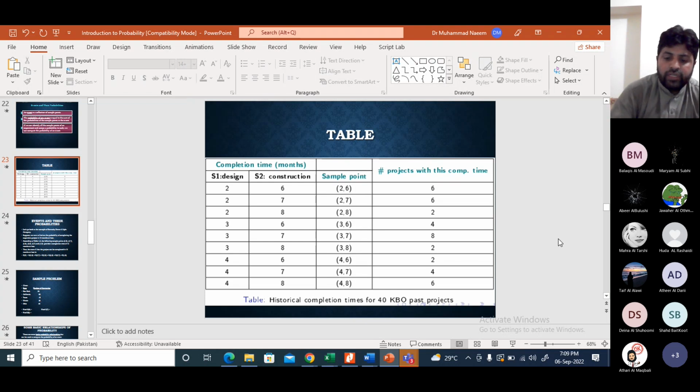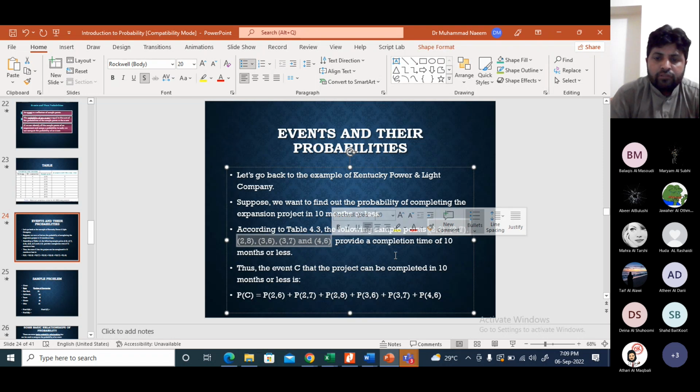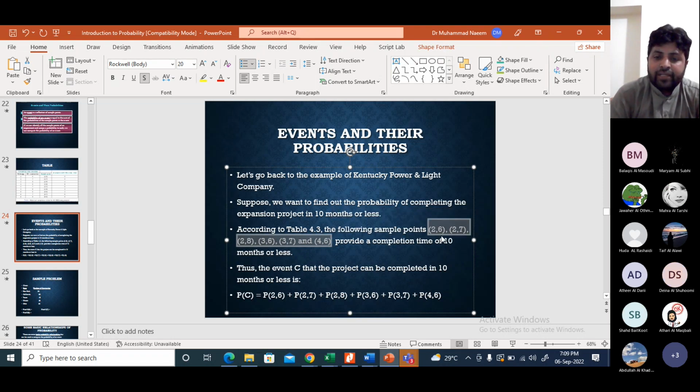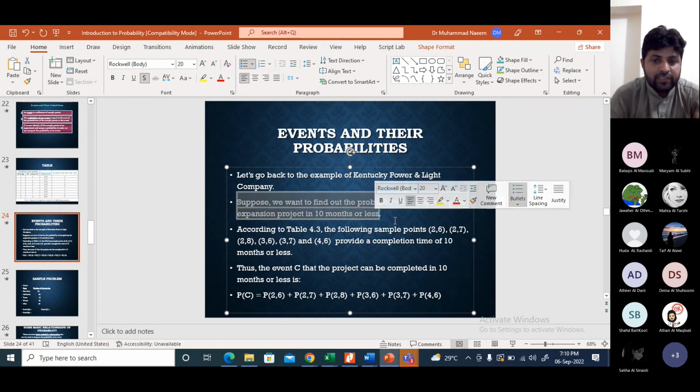So we have come up with these events, these experimental outcomes, or you can say these sample points: 26, 27, 28, 36, 37, and 46. These are the experimental outcomes, or sample points, related to this event, 10 months or less.